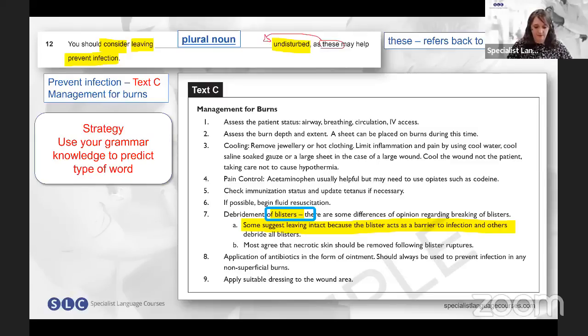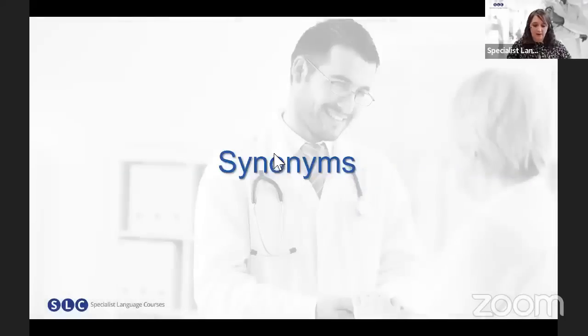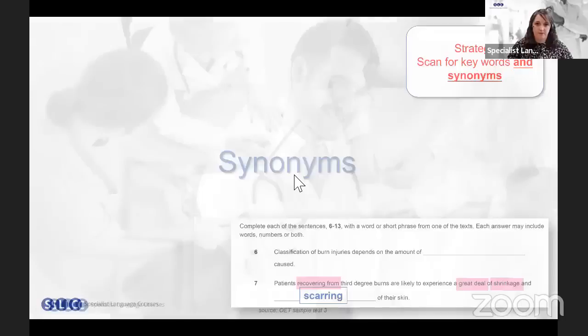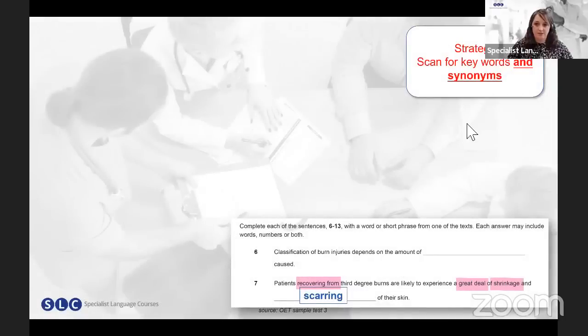All right. Now, another thing that you need to be aware of in reading A, which some of you may have noticed, are synonyms. So synonyms, words or phrases with a similar meaning. Now, when you are looking at questions, one of your strategies, as we've talked about, is to find the keywords in the question and then scan the text for those keywords.